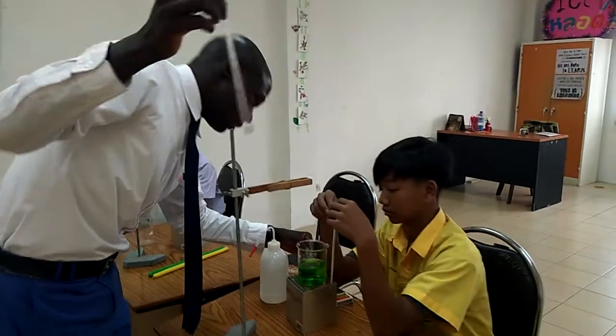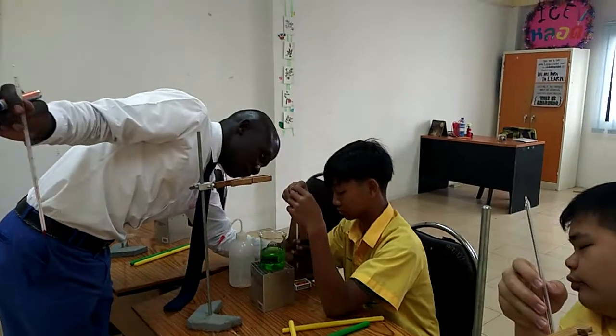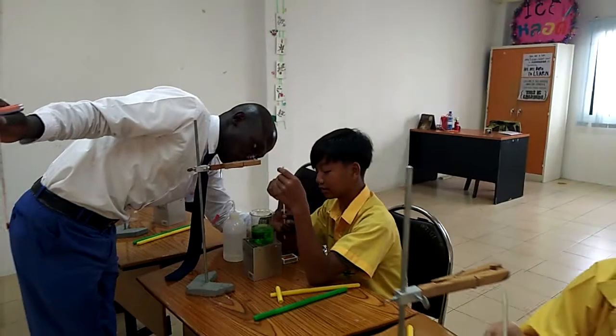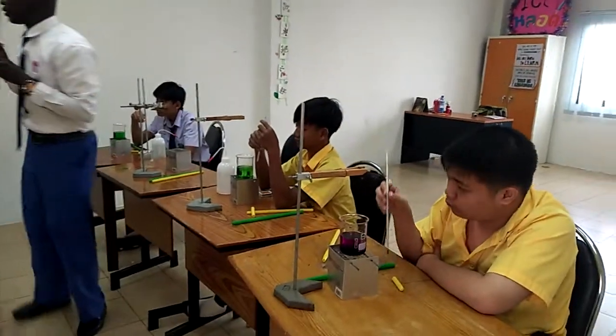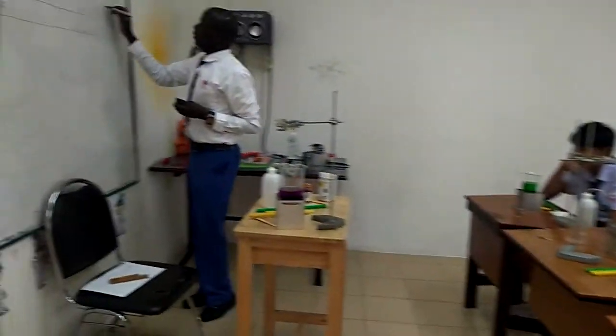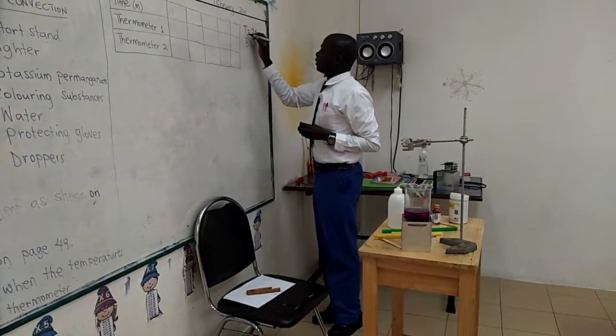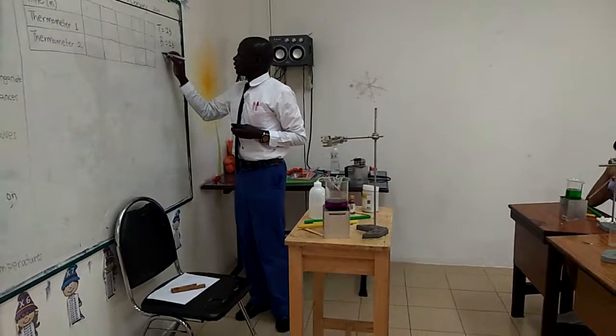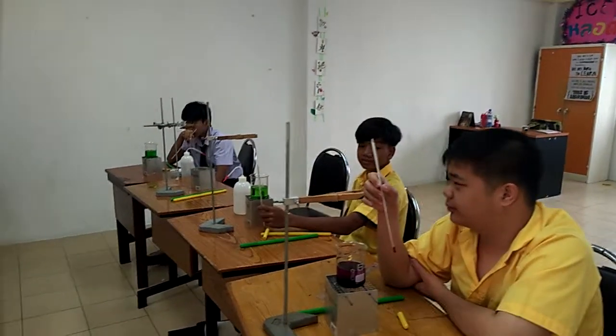This one, what is it? It's at 21, 22, 23. For you it is 23. So B, your first temperature is 23. Fuang, what's your first temperature? My first temperature is 23.